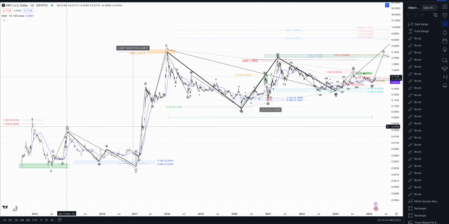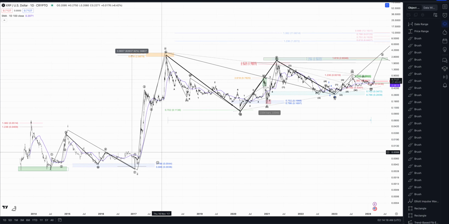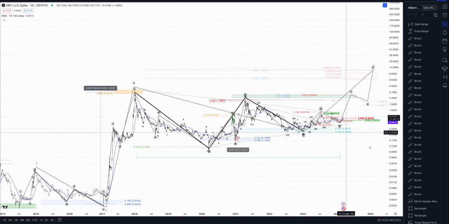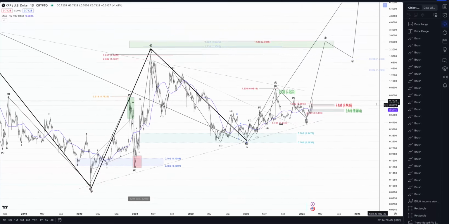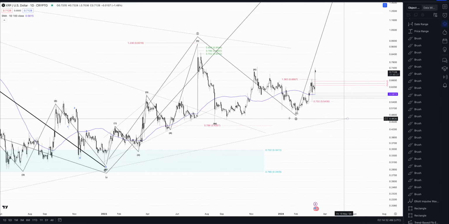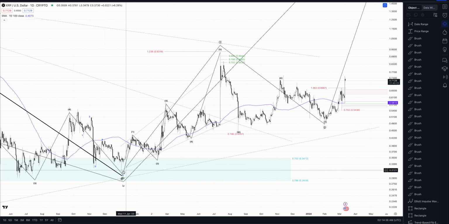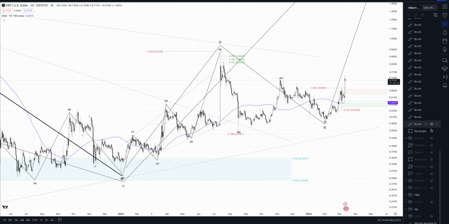So, 5-wave move up for your wave 1. You then come down for your wave 2, have your wave 3, a wave 4 in the form of a 2,000-day long Elliott wave flat pattern, and then what you have over here is the start of your impulsive structure in January of 2023. So let's go ahead and take a look at this structure over here.